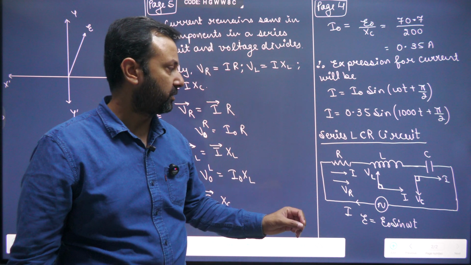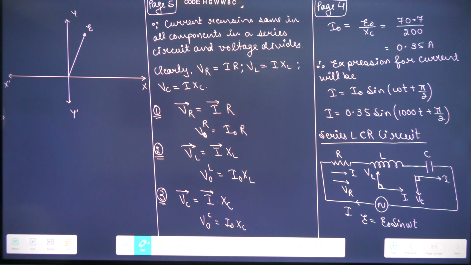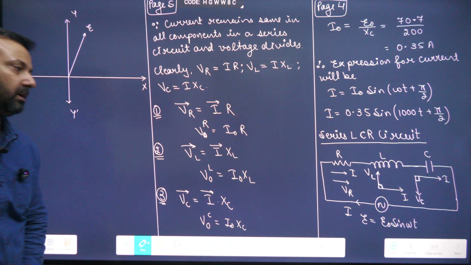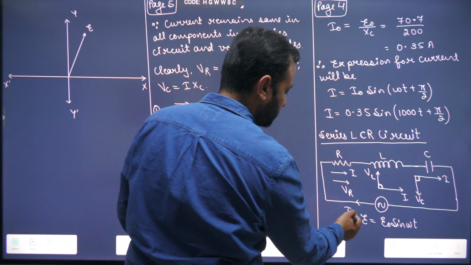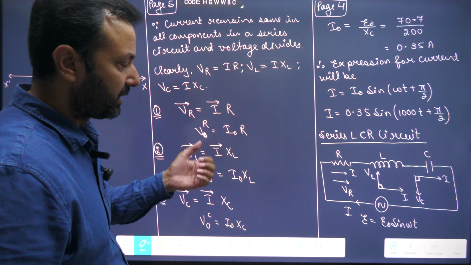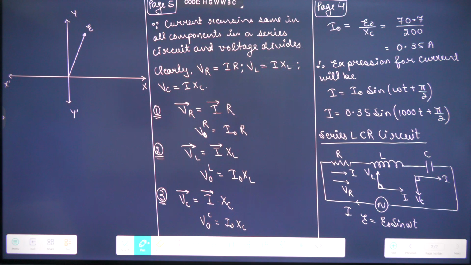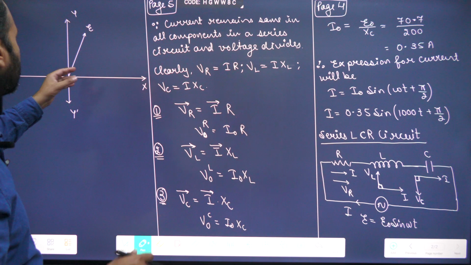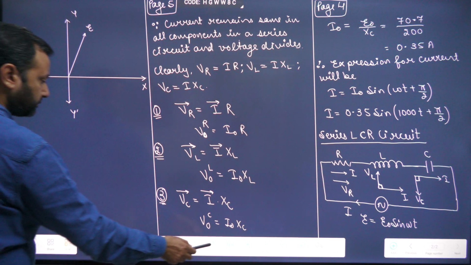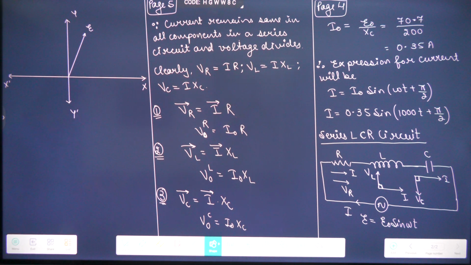So now first of all I will mark this voltage VR, then VL, then VC. So what is VR? Current is always a little bit less than EMF. So first of all, I will mark VR anywhere in this graph. I will mark it here.